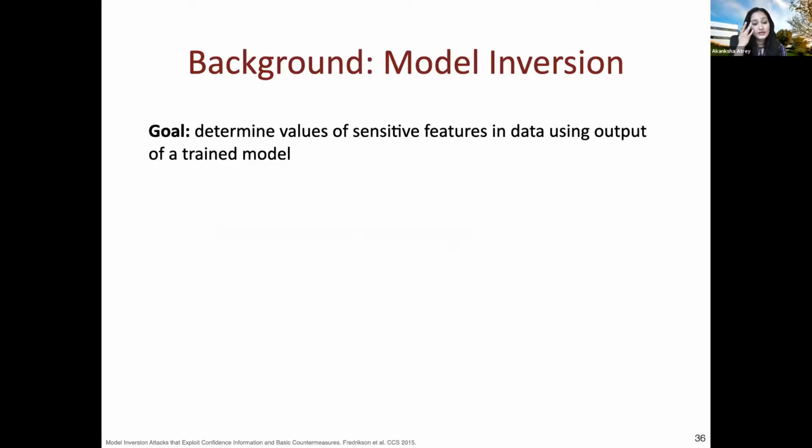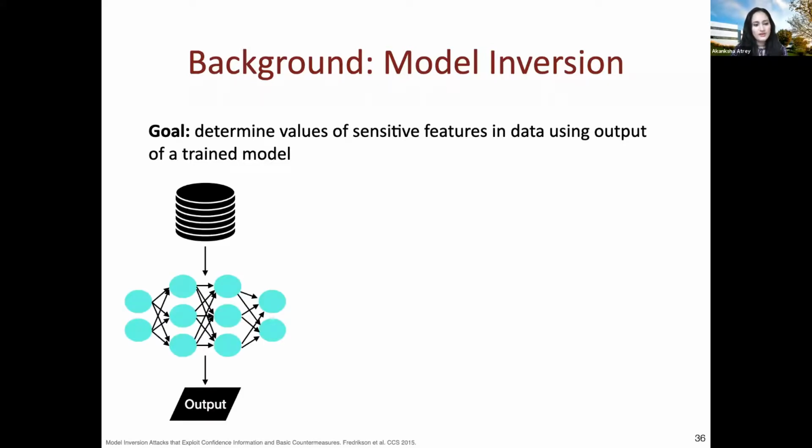So before going into this, let's talk about model inversion, which is an existing machine learning attack. The goal here is to determine values of sensitive features in the data using output of a trained model. So say you have some data, train a model, you get some output. Now, assume you have a data point with n features, f1 to fn, where f1 is a sensitive feature.